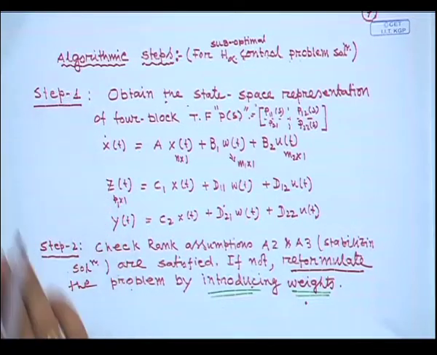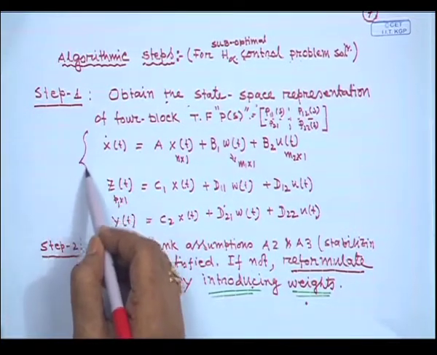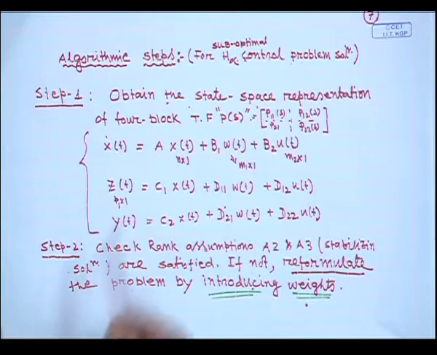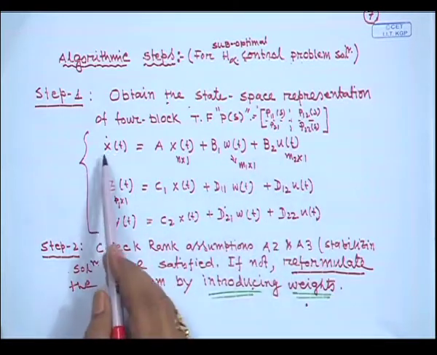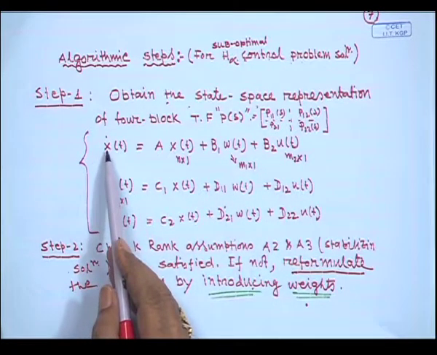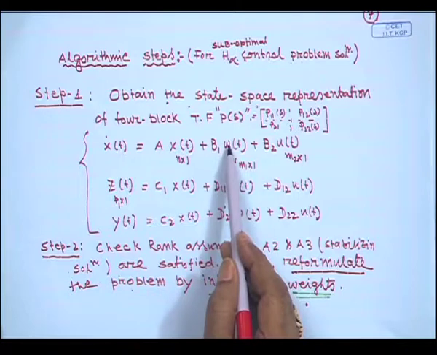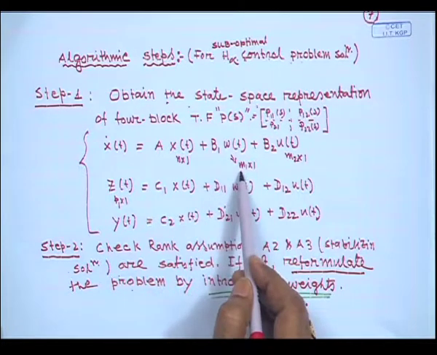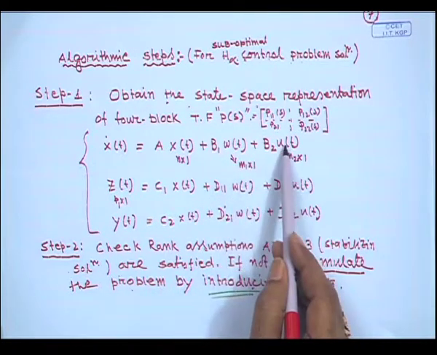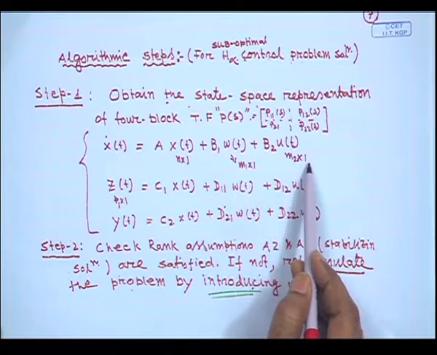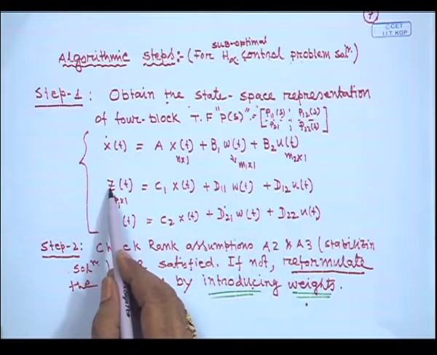So, first step, you write the state space description of the plant in this form. This is the state equation, where x is the state vector whose dimension is n cross 1, W is the exogenous input whose dimension is m1 cross 1, U is the control input, m2 cross 1, and Z is the regulated output.